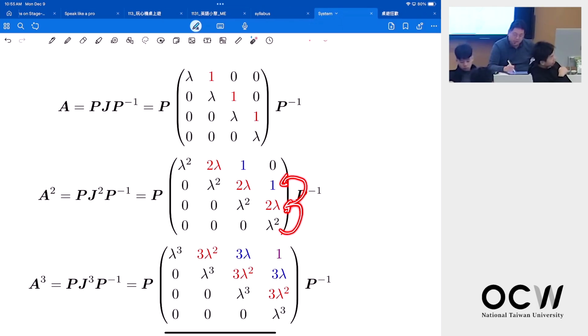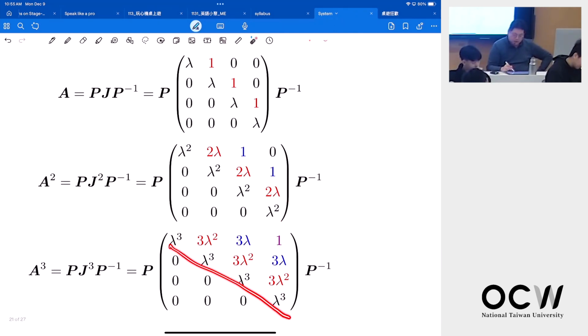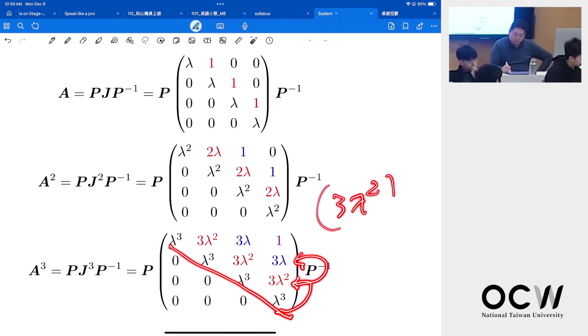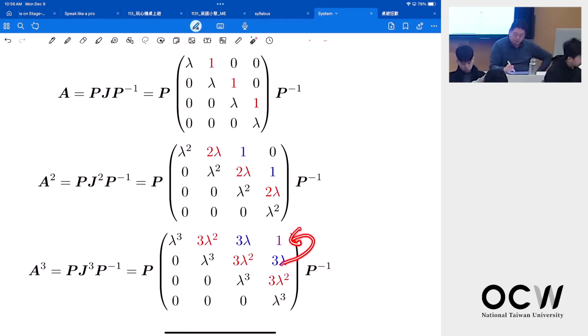I take the derivative again, and it should be 2, right? Then I divide by 2 factorial. This one, lambda cubed, the next one you take the derivative, so 3 lambda squared. Take the derivative again, I should get 6 lambda, but I need to divide by 2 factorial, so I get 3 lambda. And then I take the derivative again. Then you'll get 1. It should be 3, but you divide by 3. Then you get 1.